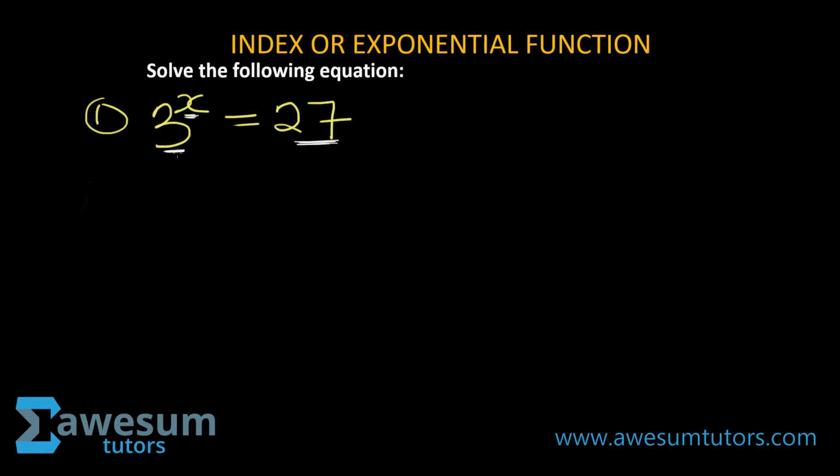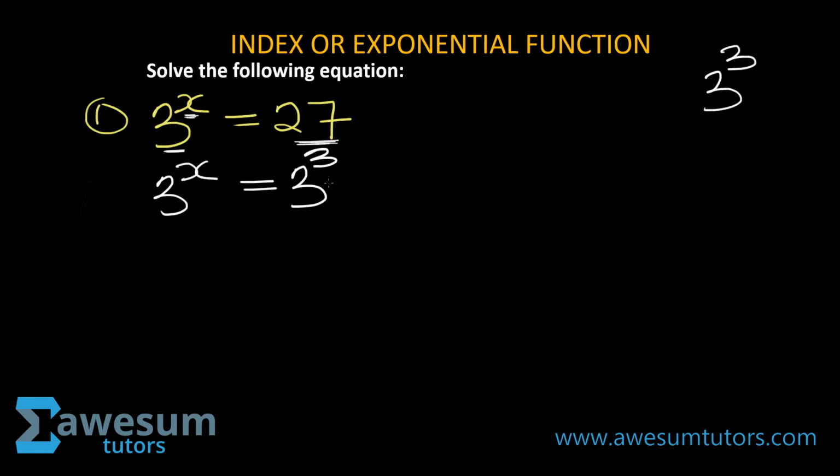The answer is yes, because 27 is the same thing as 3 raised to the power of 3. So this can be rewritten as 3 raised to the power of x equals, instead of writing 27, 3 raised to the power of 3. Very good. We've been able to express 27 as a base of 3, which is 3 raised to the power of 3.